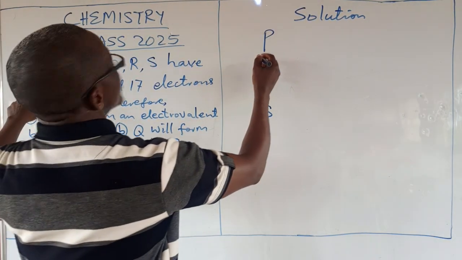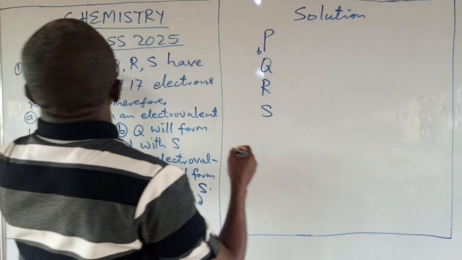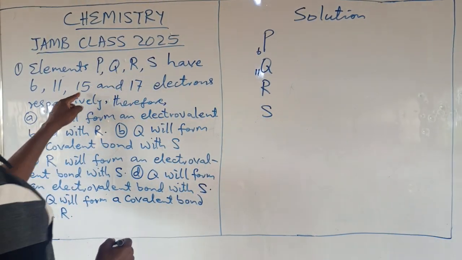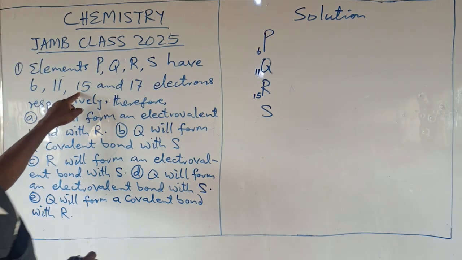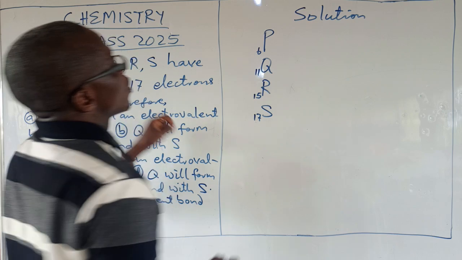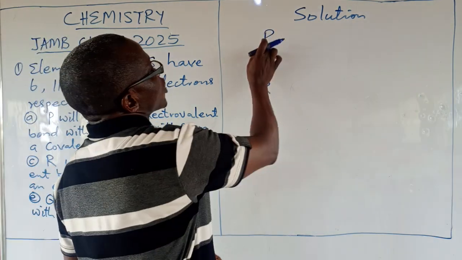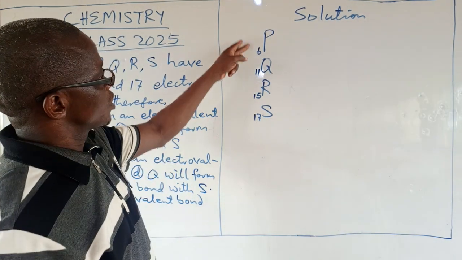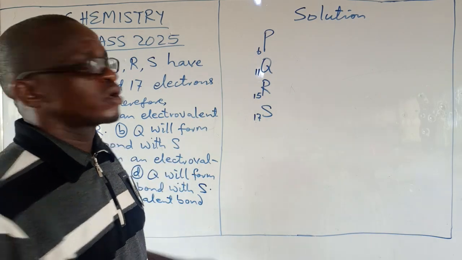So the atomic number of P is 6, Q is 11, R is 15, and S is 17.